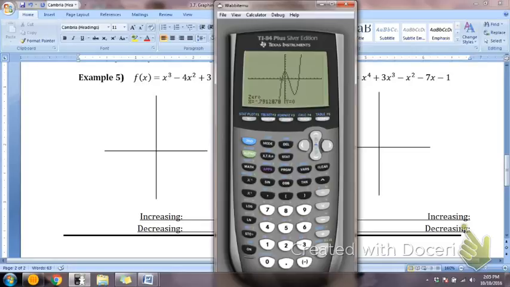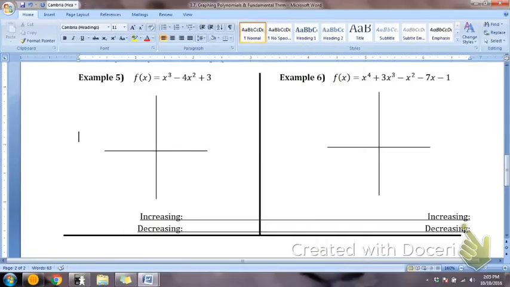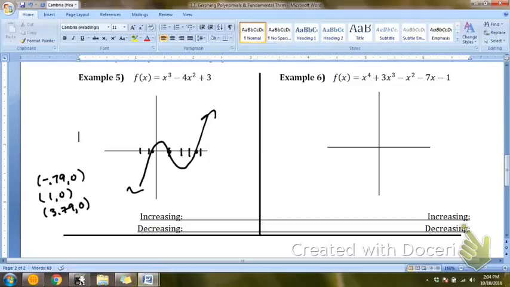So now we're going to sketch the graph. Really it comes down pretty low, right? We're going to do our best here to sketch. Now I want you to do the increasing and decreasing to the best of your ability, once you've plotted your points.